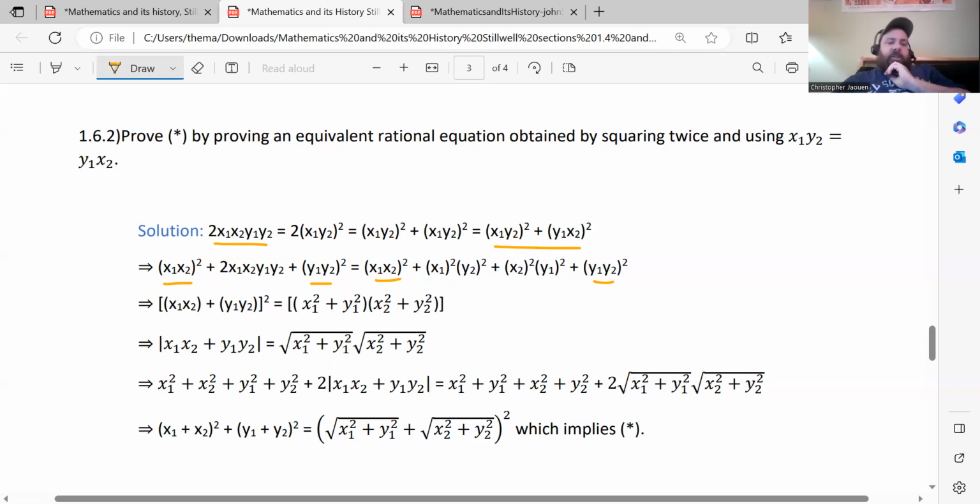And then if you notice, the left hand side over here factors into the square of this binomial, and on the right hand side this factors into the product of these two binomials.